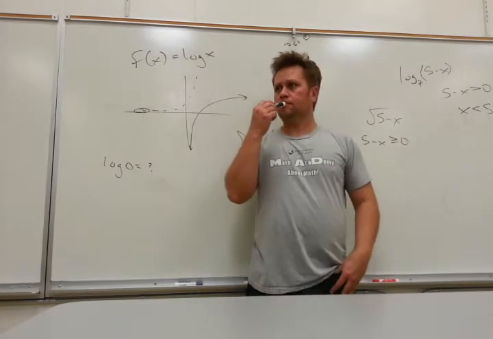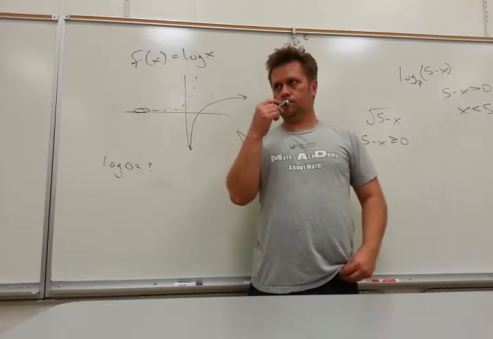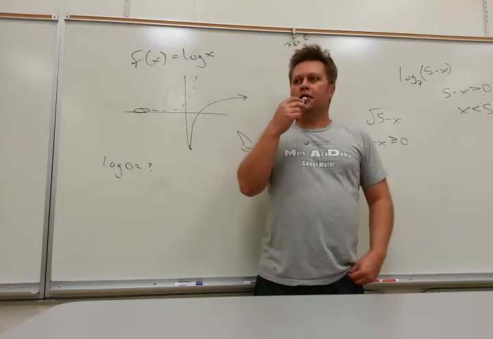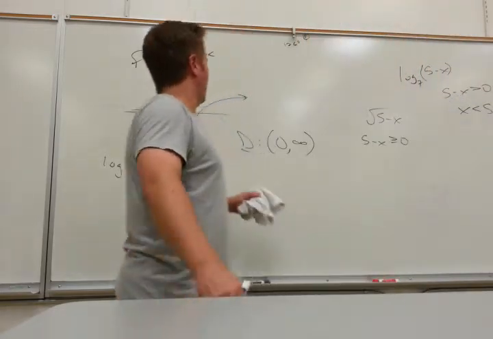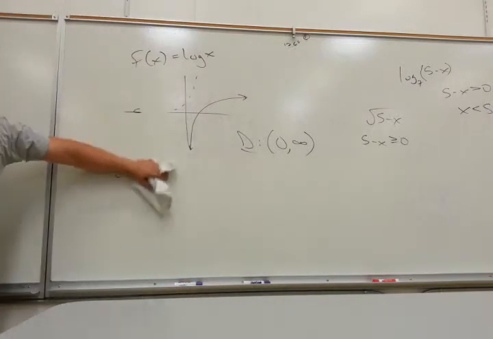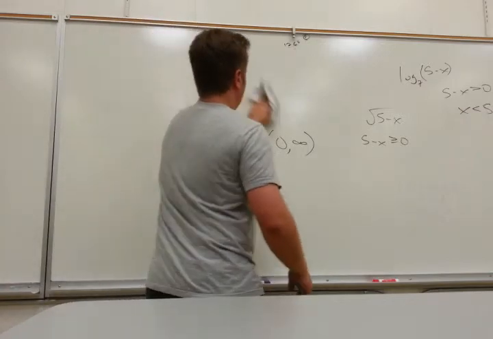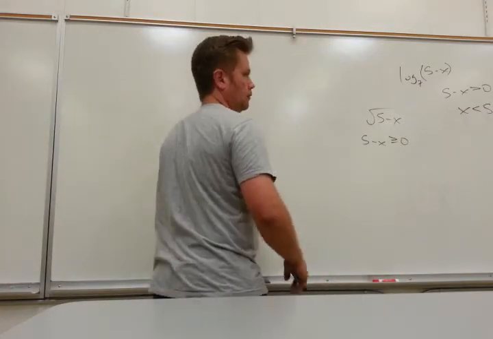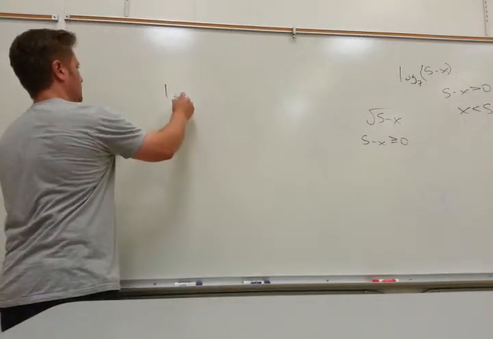If you had a negative base, could you have a negative number inside the parentheses? We won't go there. You'd really have to carry out the implications of having a negative base, and what that would mean.